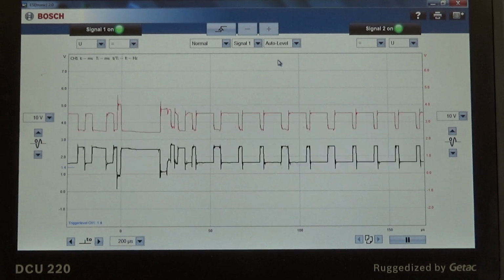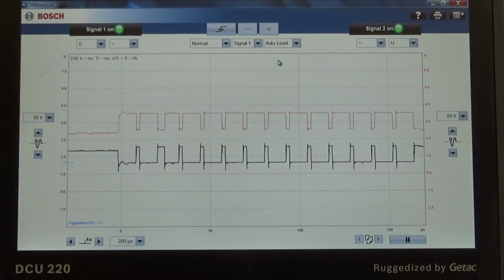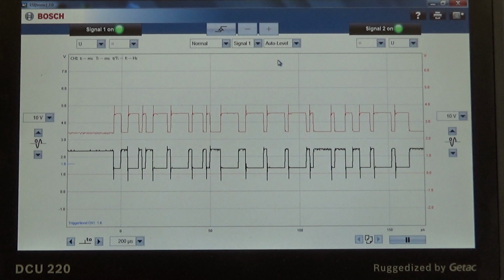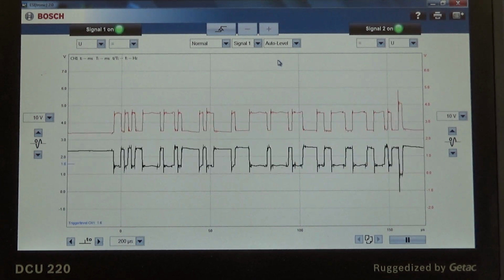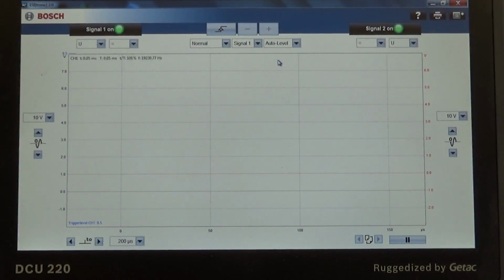So I've just put the trigger now on auto level, and we'll do the same again. CAN low to battery voltage. It's gone off the screen. So let's increase the voltage.